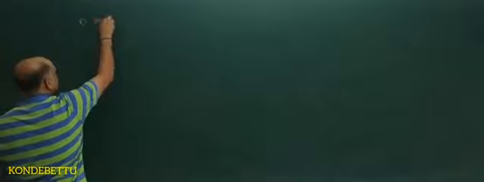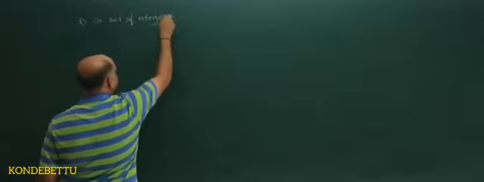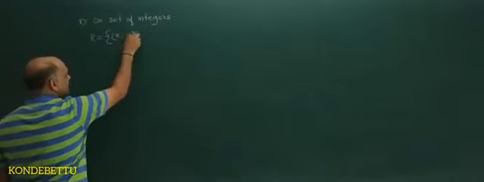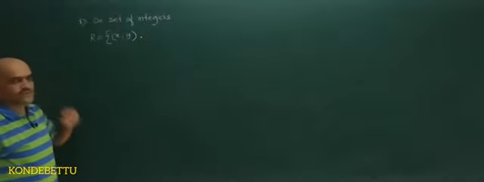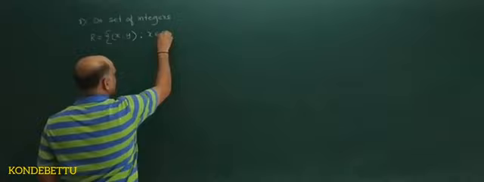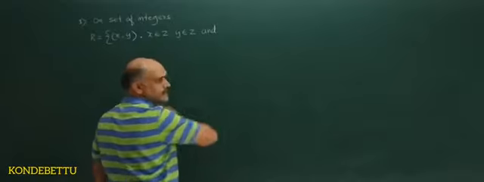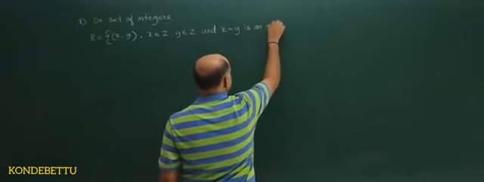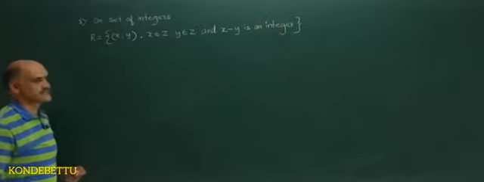On the set of integers, R is equal to x comma y, sometimes he may take a comma b, x comma y, where x belongs to Z, y belongs to Z, and x minus y is an integer.